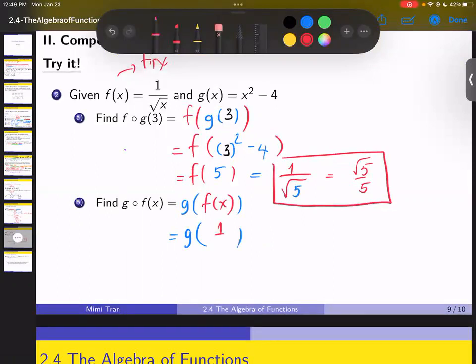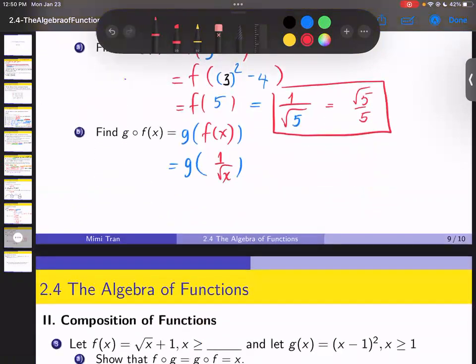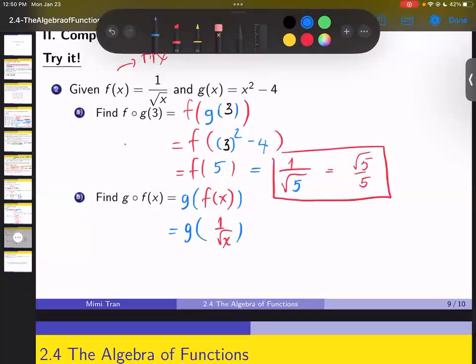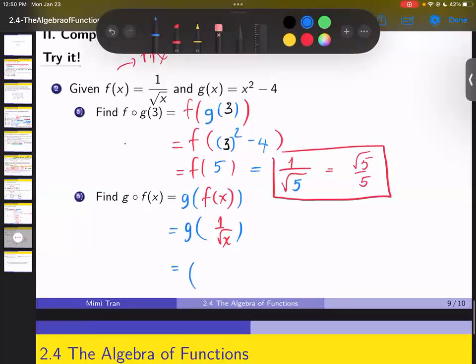Whatever they ask you to do, just do it. Like I said, math is all pattern. It's the same thing. That means the input for g is no longer x, it's 1 over square root of x. Now you plug that into the function g, and I would recommend you replace the x with parentheses.